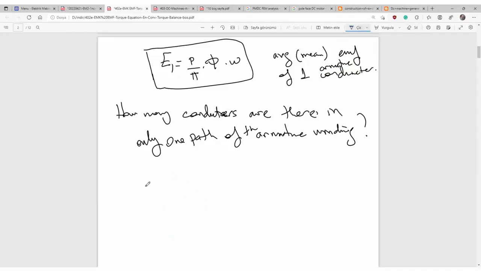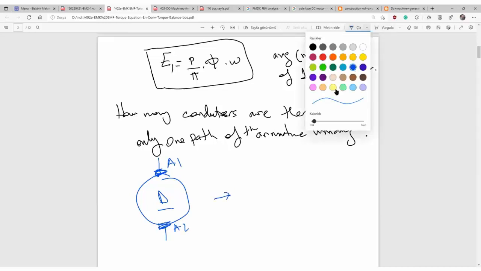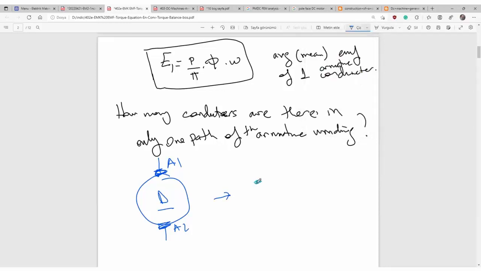Okay, here's the dynamo. Here are the brushes, and here are the terminal labels, A1 and A2. And then inside the machine, here would be, let's say, 4 brushes.